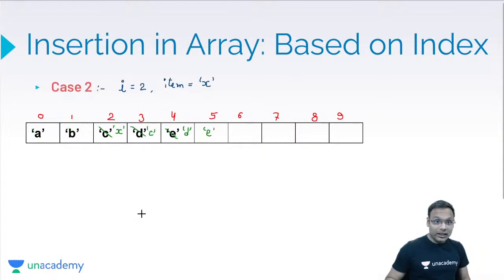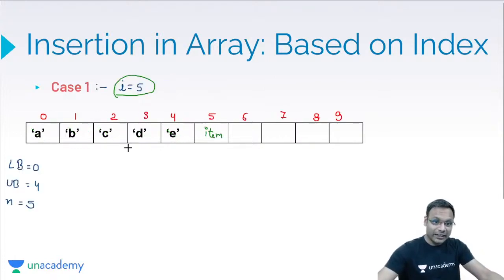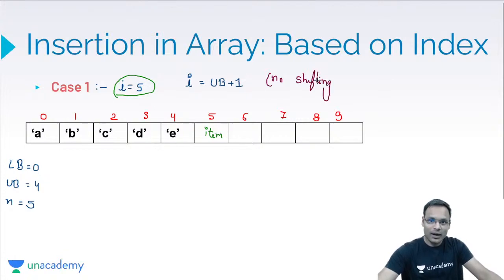So here, is there any shifting needed? No. Case 1, when I equals 5, or to say it in a more generalized manner, I is equal to upper bound plus 1. If the index I is given as upper bound plus 1, the largest possible value, no shifting of elements is required.